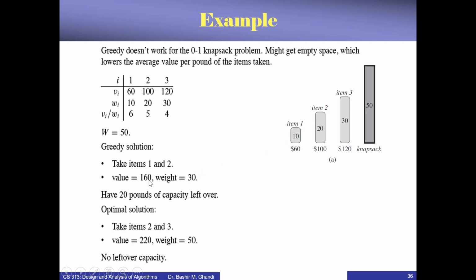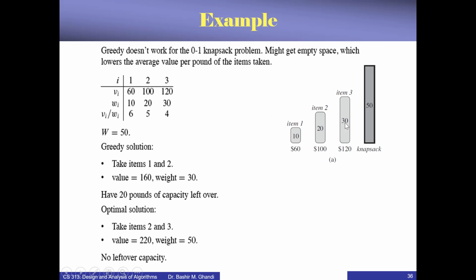But now he's going to be in trouble because he has already occupied 10 plus 20 pounds out of his allowance of 50. That means he cannot take item 3, because remember, fractions are not allowed in the 0-1 knapsack.